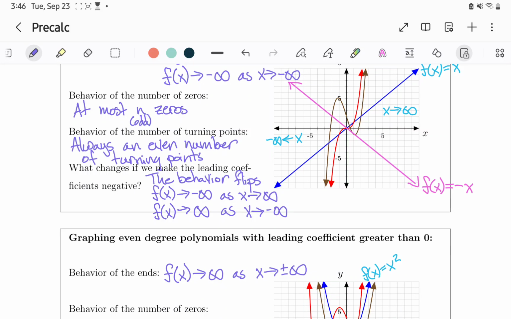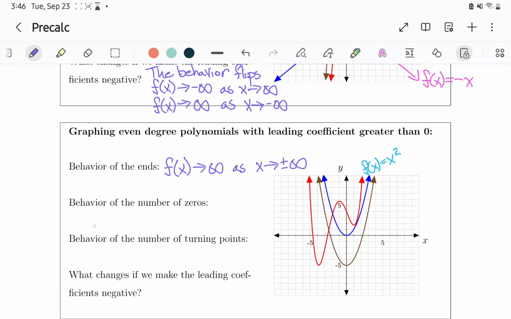So it's not necessarily the case with either even degree or odd degree polynomial functions that they'll have an even number of zeros or an odd number of zeros. And really what it comes down to is just there being repeat zeros or zeros of multiplicity greater than 1.